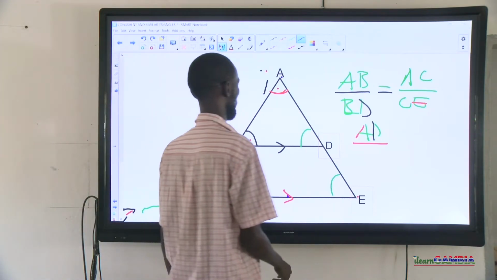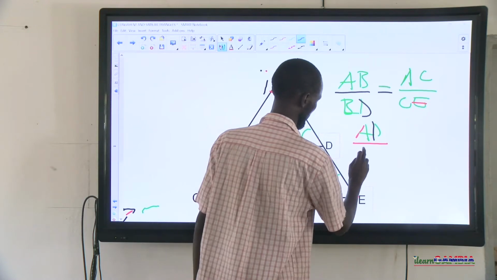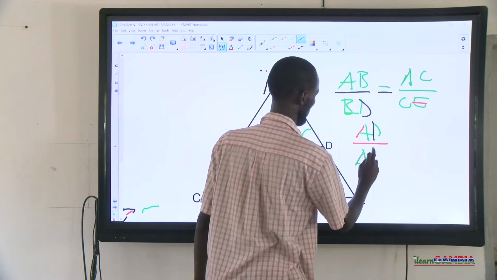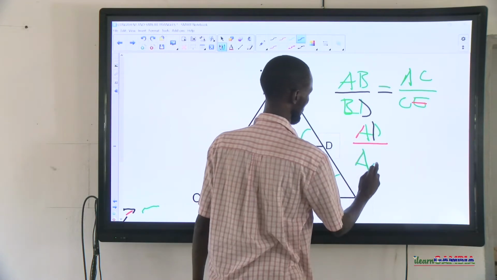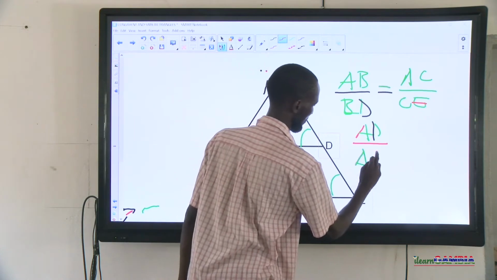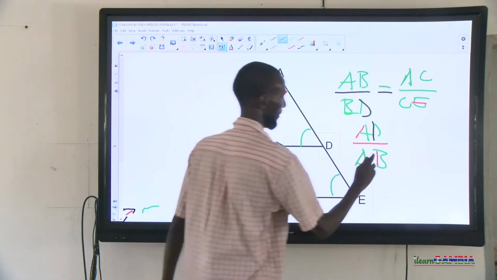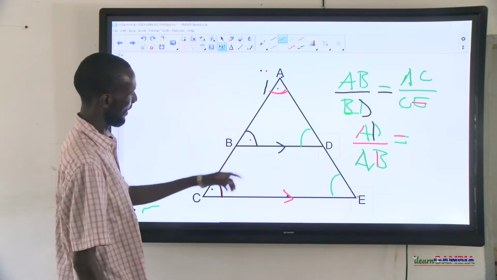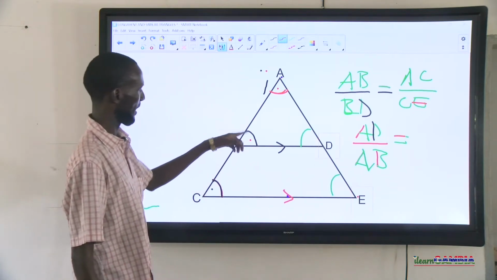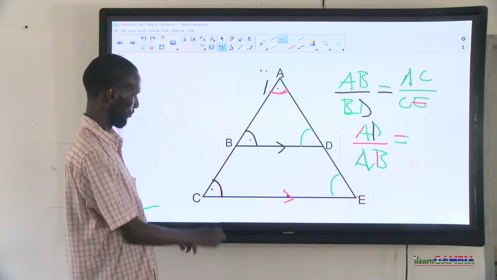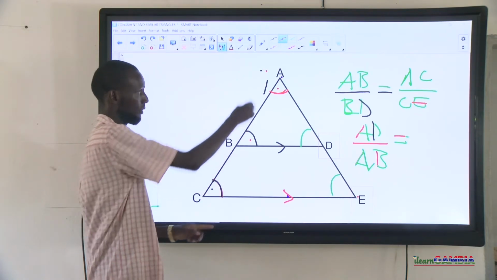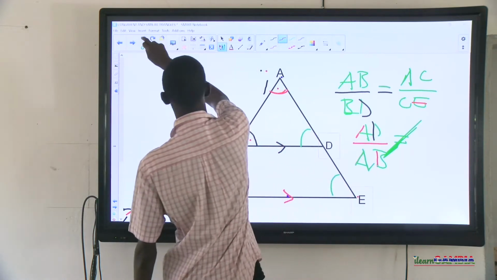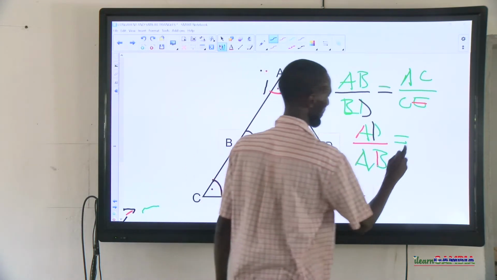That is the side opposite the green, AB. And I want to choose other sides of the bigger triangle. AD was opposite the black angle of the small triangle. So if you go to the corresponding angle for the bigger triangle, that will give you AE. Okay? So that will be equal to AE here.